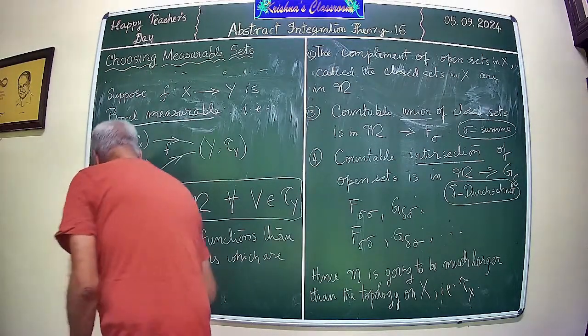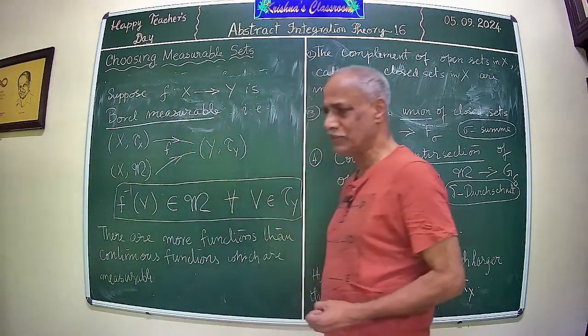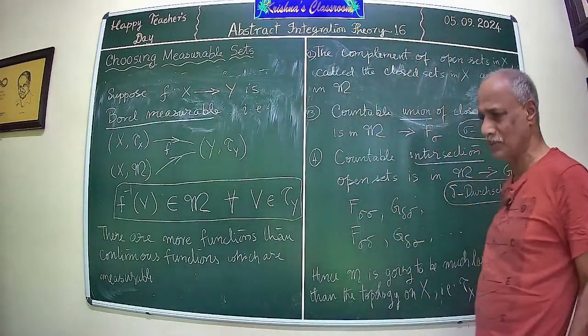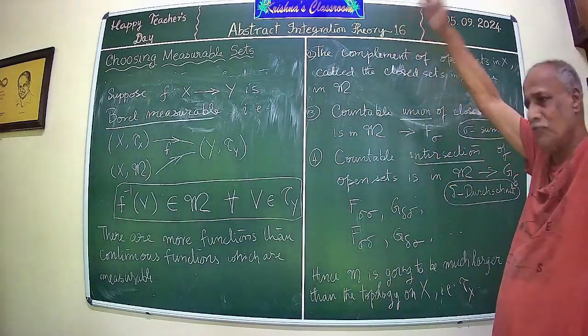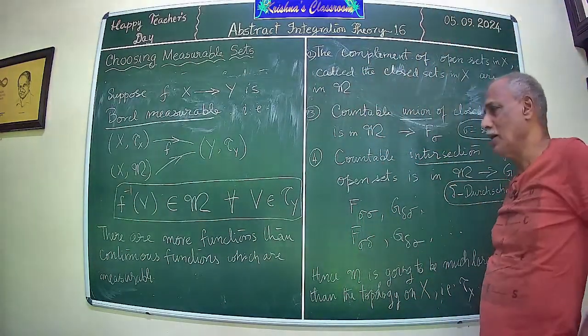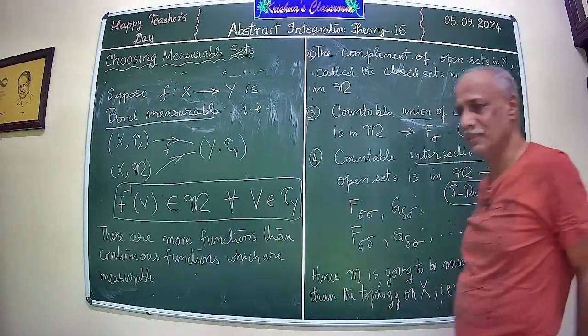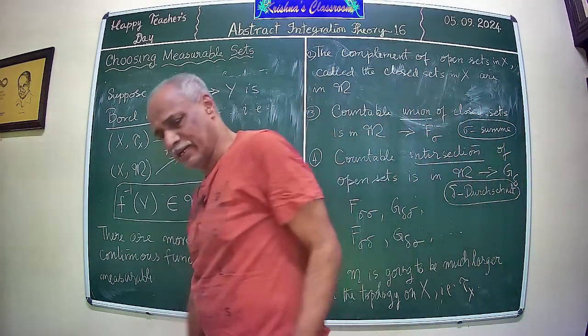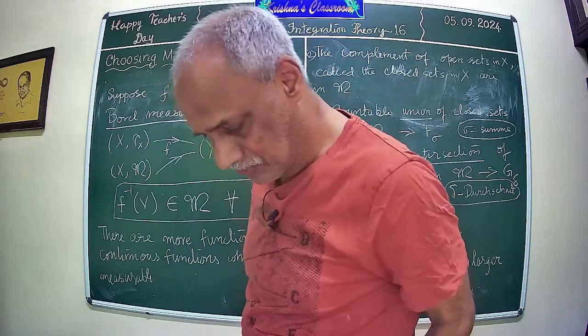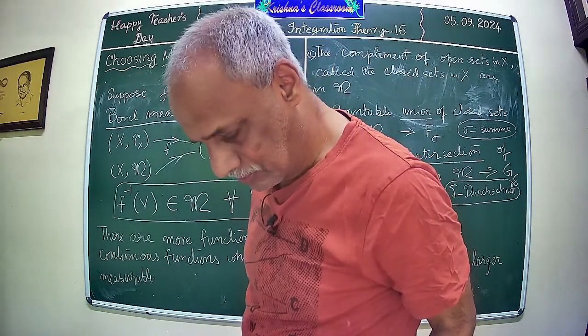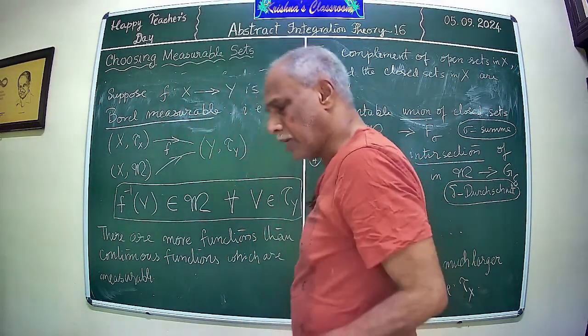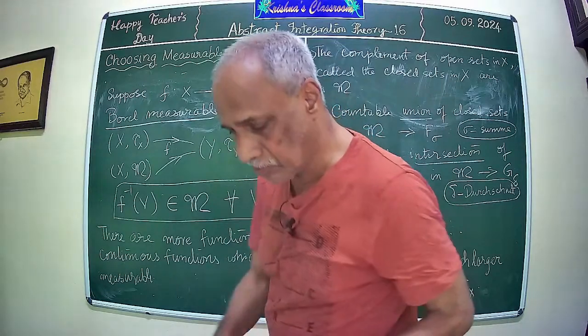So we are not just working on continuous functions alone, but on a larger class of functions. And this larger class of functions contains all continuous functions. That's what I mean. So Borel measurable mappings are called Borel functions.